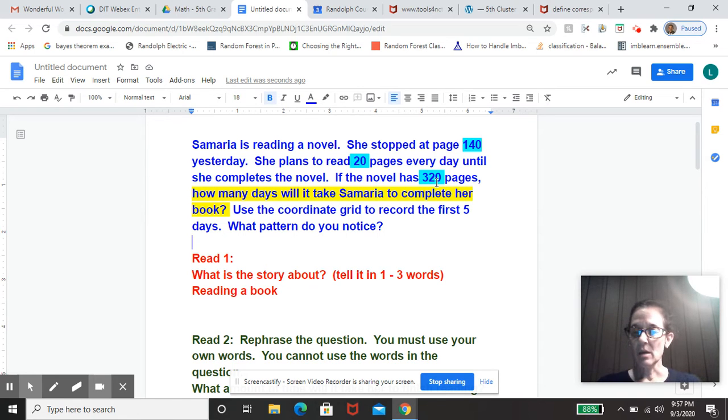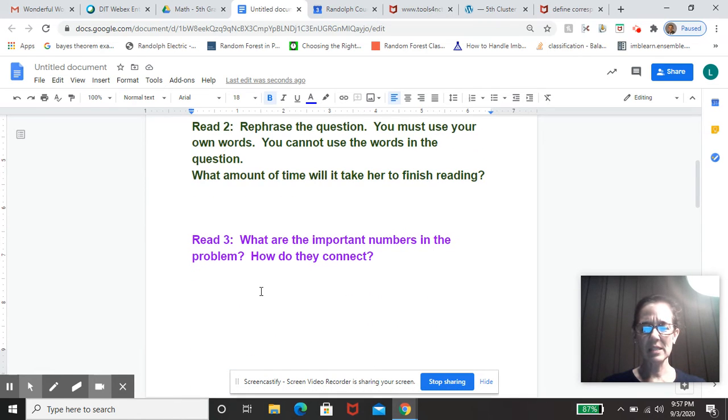Well, my question in the beginning was, how can I create ordered pairs? I think I could create ordered pairs. Let's try it. If I know these numbers. So we know the number 140. That's where she is right now.